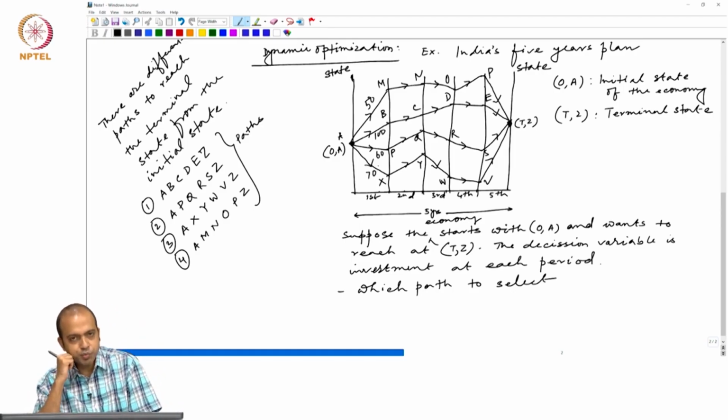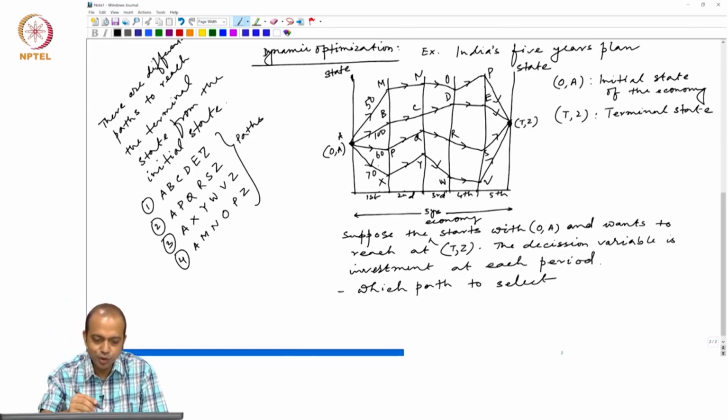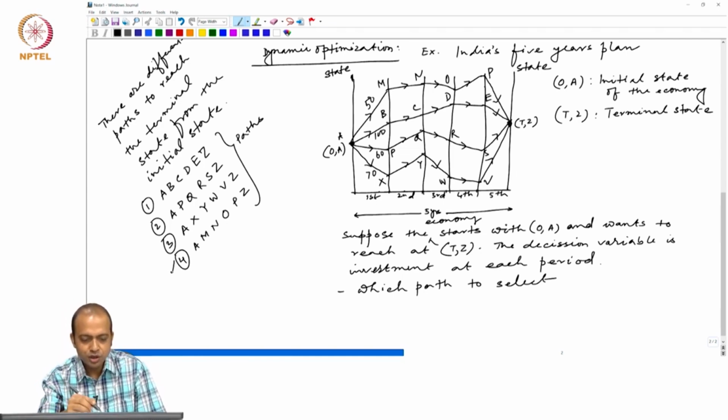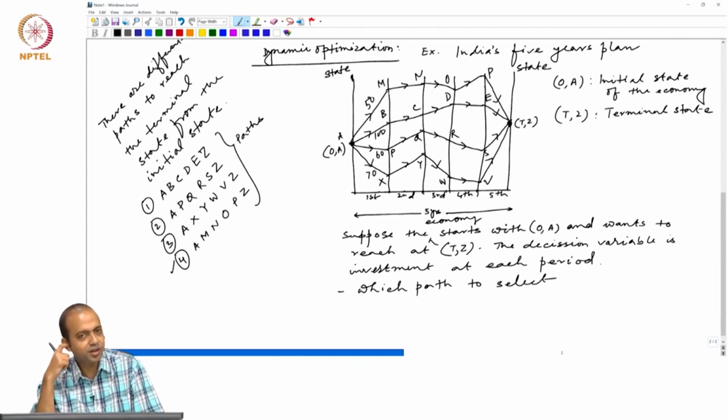So, which path will the economy select? Apparently, it may look like the economy will select this path AM, that means path 4, because the cost of travelling from A to M is rupees 50.